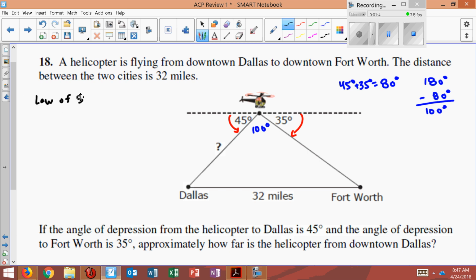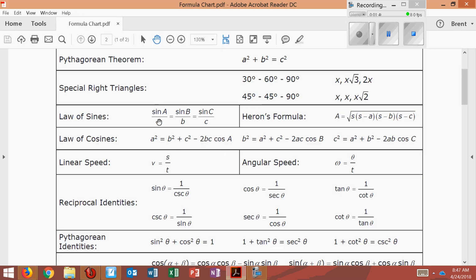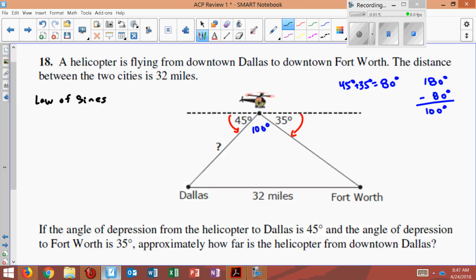So if I use the law of sines, I'm going to take this formula here, which is sine A over A, meaning the sine of angle A over side length A, equals any of the other side lengths. Let me write out the formula here.